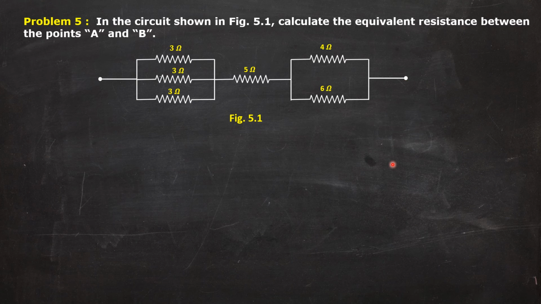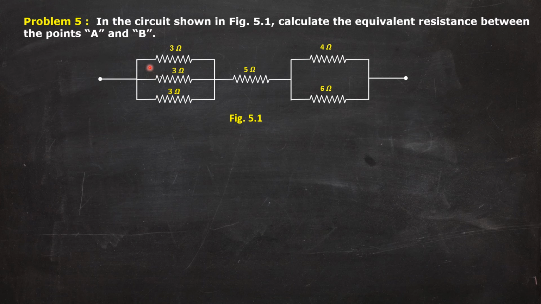Now we can observe here we have three parts in this circuit. This is part 1, this is part 2, and this is part 3. In the first part, three resistors of each 3 ohm are connected in parallel. In the second part also, two resistors of 4 ohm each are connected in parallel.